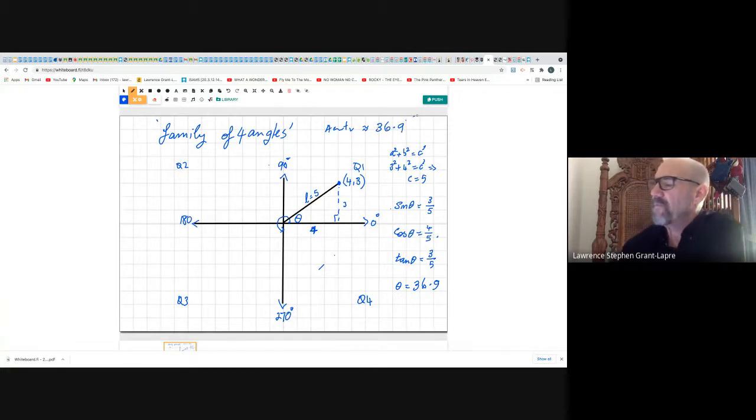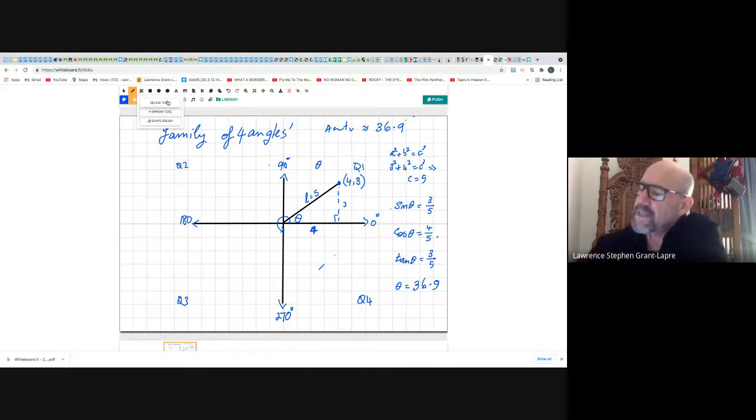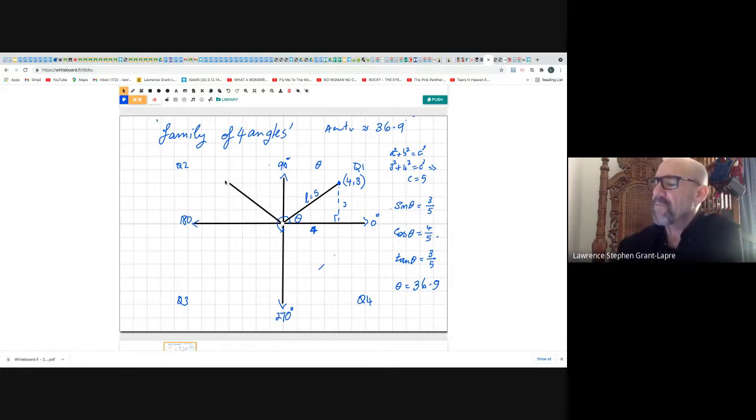Now there's a family of four angles. This quadrant 1 is simply theta. But quadrant 2, if I was to put the same line, the same angle, along 4 up 3, to -4, +3, you'd still get the hypotenuse is 5.